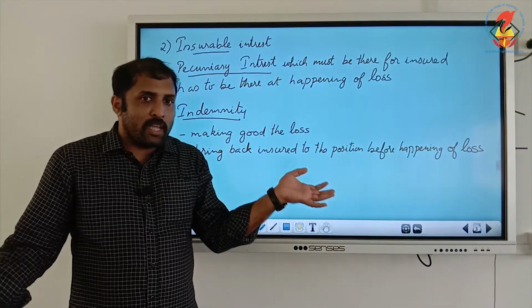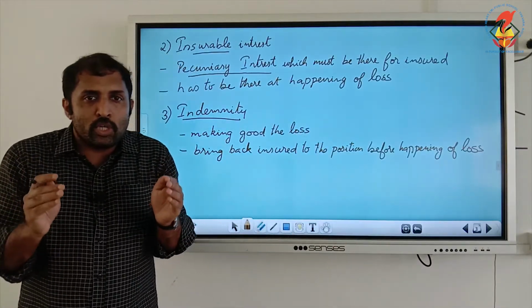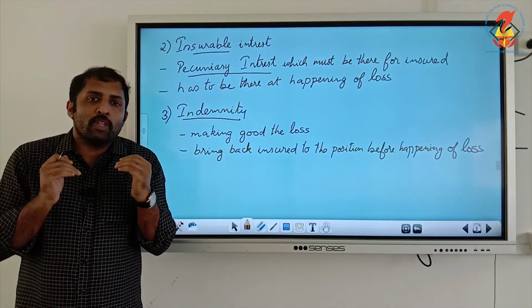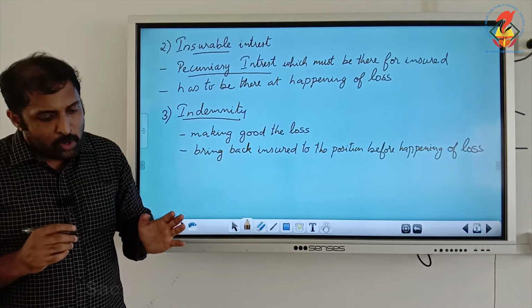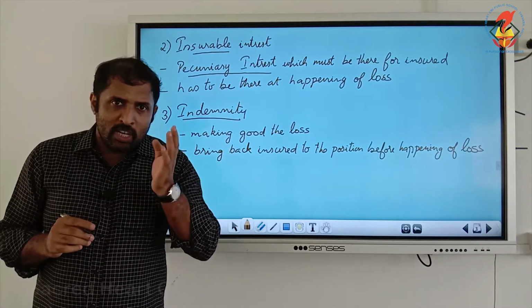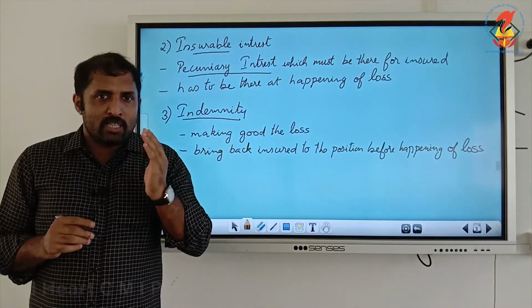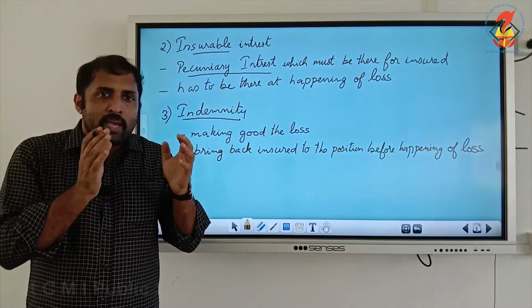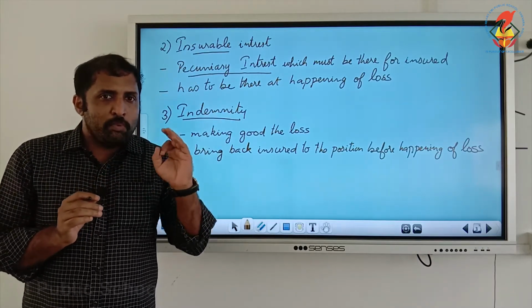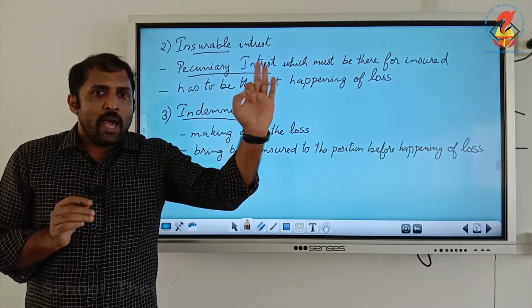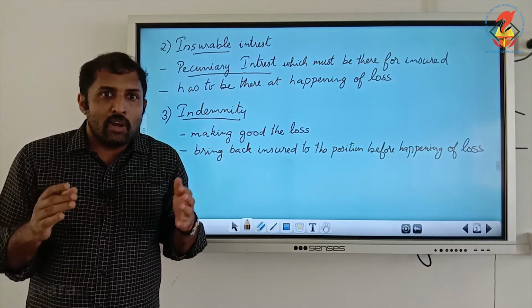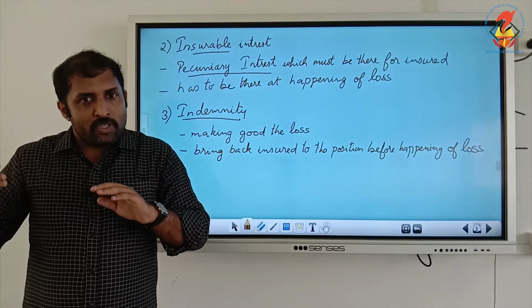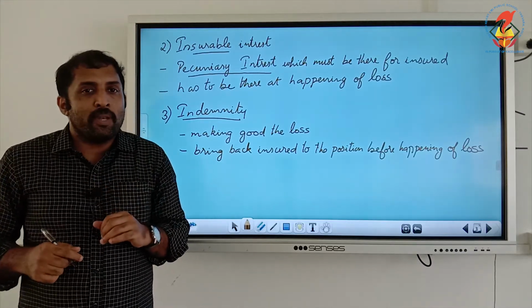So, the indemnity principle is talking about such a condition where the insurer has to take necessary measures to bring back the insured to the same position before the happening of the event, and that is what is called making good the loss.